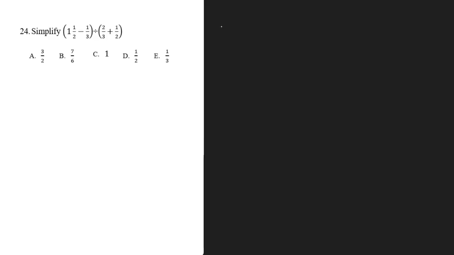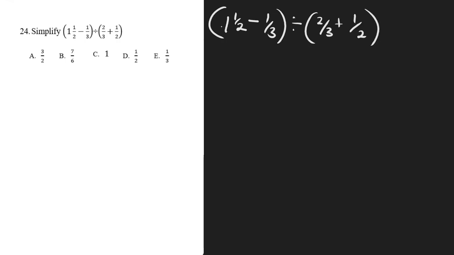Alright, question 24 says simplify, open bracket, 1 whole number 1 over 2 minus 1 over 3, close bracket, divided by 2 over 3 plus 1 over 2. So the first thing is to check if we have any mixed fraction, then we'll convert it to an improper fraction because it will be easier for us.